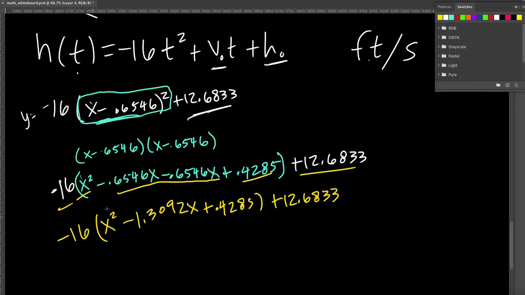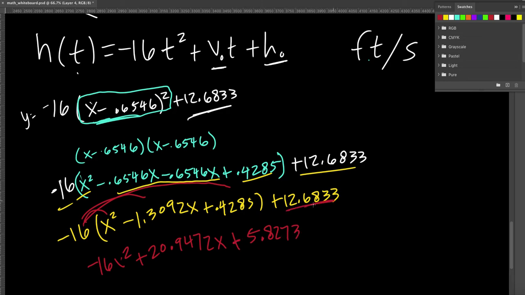Okay, now the next thing is I need to distribute the 16 to everything that's in the parentheses. Don't do it to this though. So I get negative 16x squared plus 20.9472x, and then plus 5.8273.